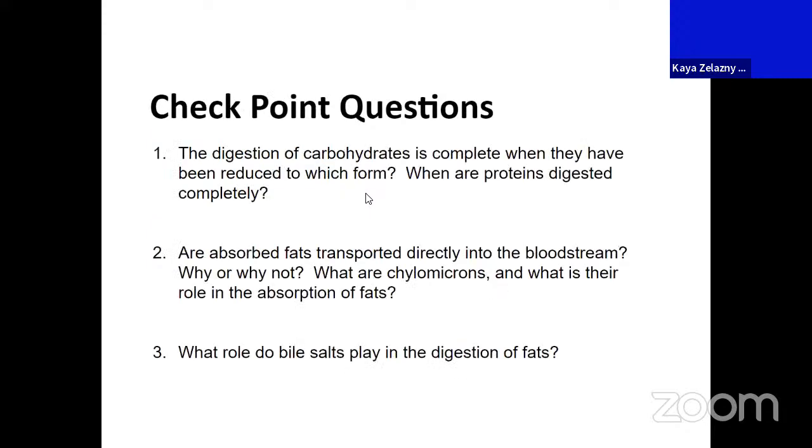Okay. So recommend taking a look at these checkpoint questions that are also at the end of this section about absorption of your macromolecules in your book. So you want to make sure that you can tell how are we digesting each of these different types of molecules, our carbs, our proteins, and our fats. We want to know what can actually make it into a cell. So our carbs, we got to get those monosaccharides.